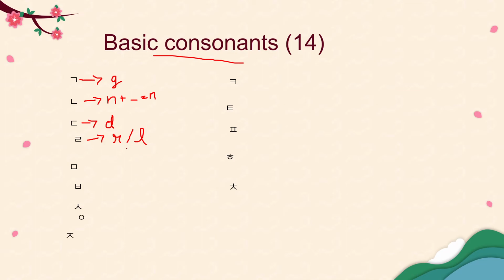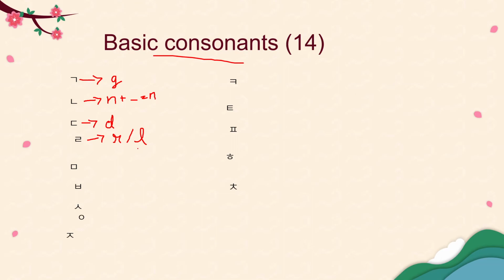So do not get confused, and I will tell you where it is r and where it is l in Korean lesson number 3, because that depends upon its position, whether it is on the beginning consonant.